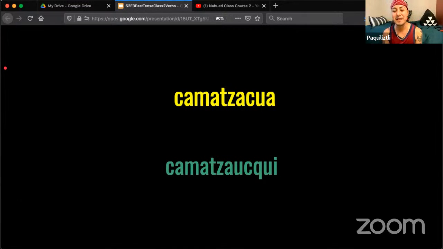But camatzacua literally means to shut a mouth. Kamak is mouth and tacua is to close. So tacua is a transitive verb, and the object you're doing the action to is the mouth. So tacua is really the verb.